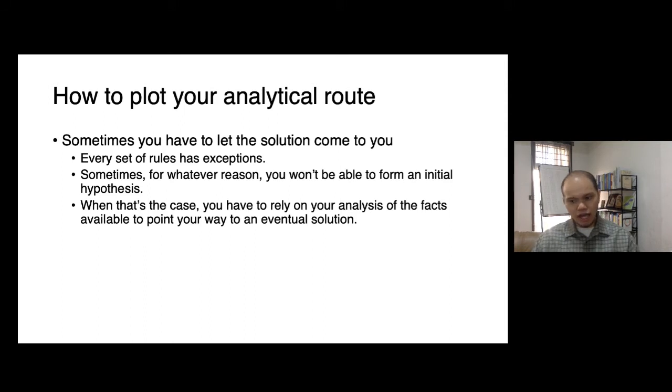One is that the client isn't entirely honest or didn't really disclose everything at the very beginning, in which case there could be some data that's missing, or that's not available to you, that you should have known.